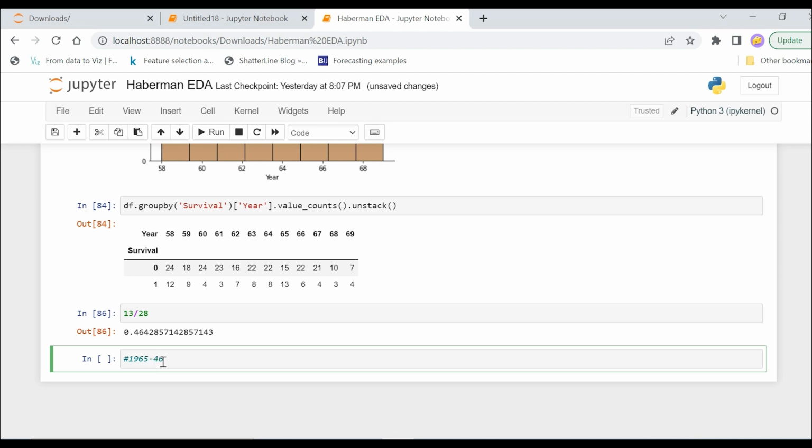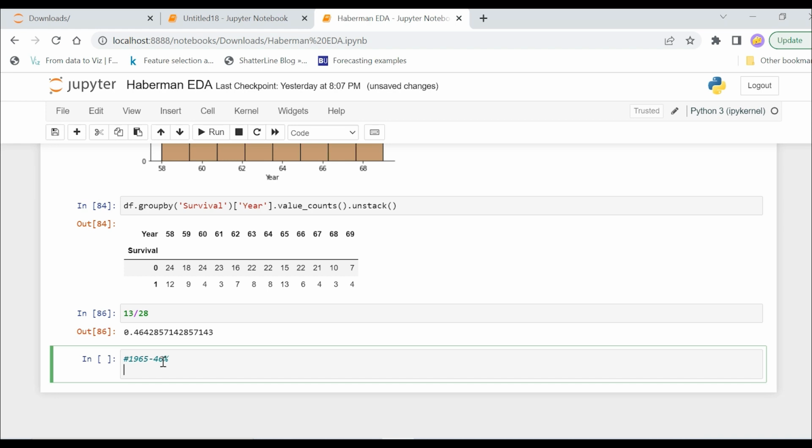46% of the people have died here in 1965. How much for this? In 1958, sorry, kind of 33% people have died. 9 out of 20.